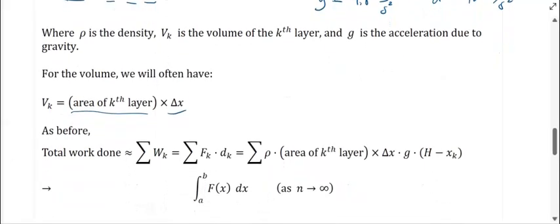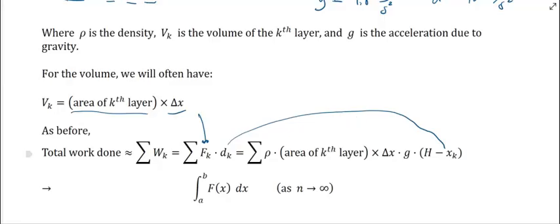So notice delta x is going to be part of the force for these lifting liquid problems, not part of the distance. The distance is going to be something involving x, the variable x or whatever variable you're using. A lot of times it'll be the height minus x sub k. Your force, depending on what you're given, if you're given the weight density or if you're not, then you might have to go for more basic principles here.